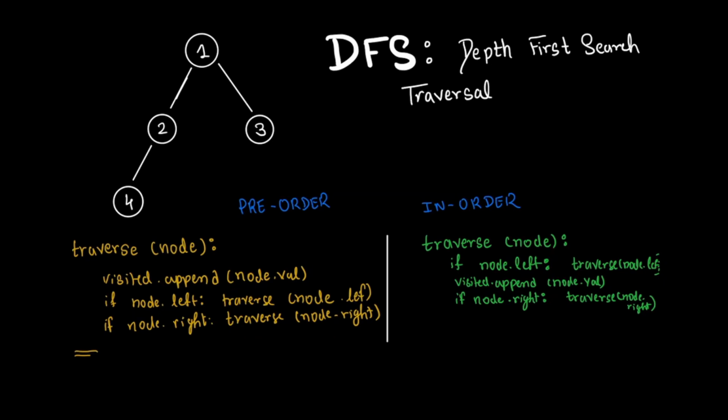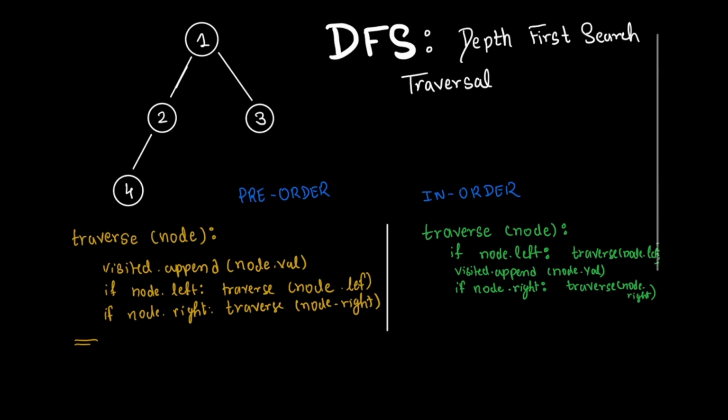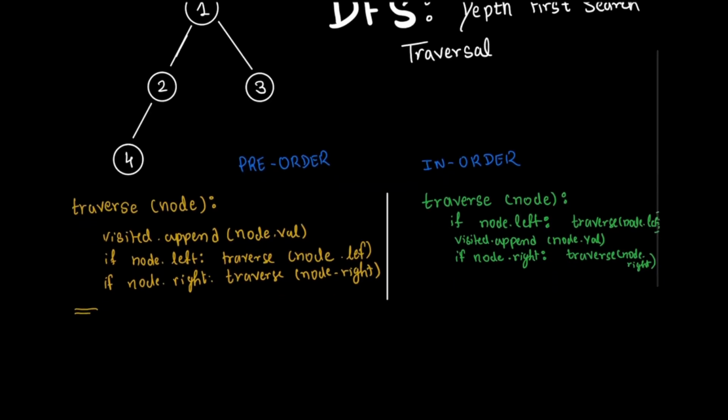So the entire flow will start with the root. A call is made to traverse root, and root is 1, so I'm going to pass 1. Let's say the answer for pre-order is visited, and it is empty.